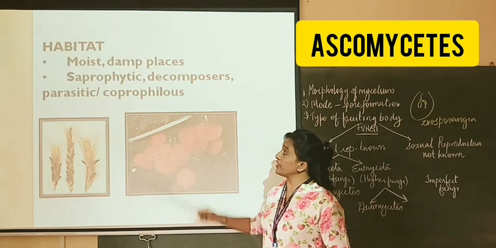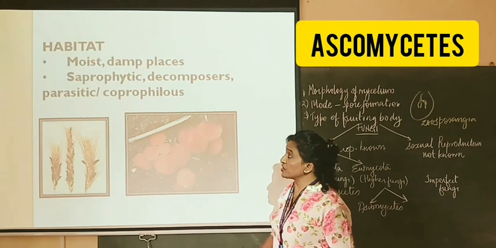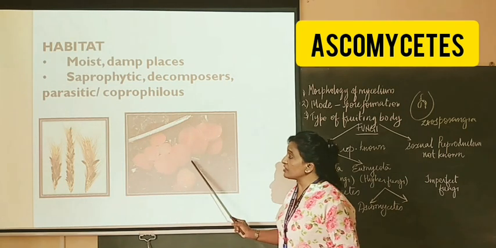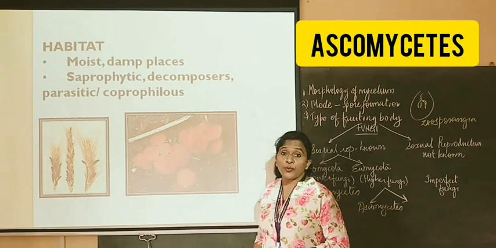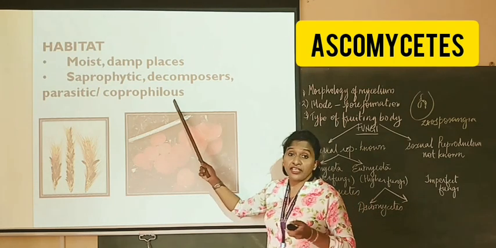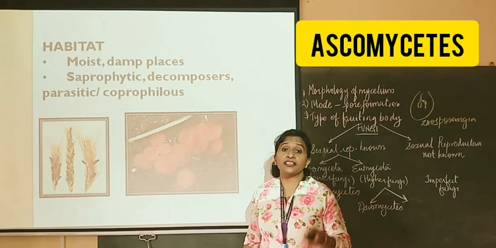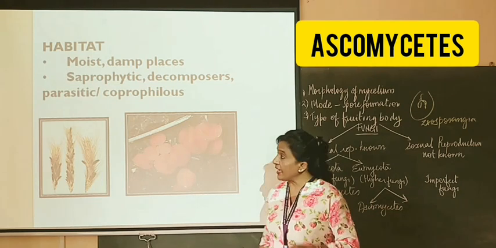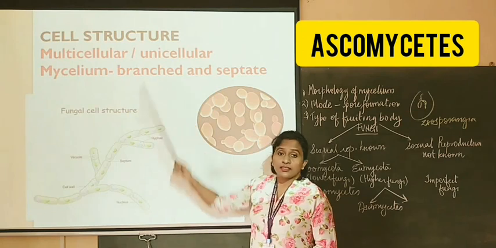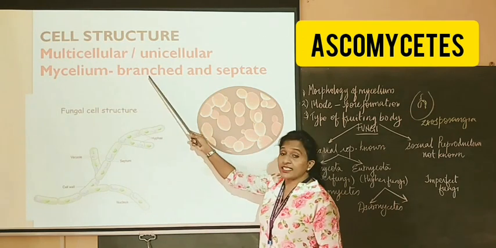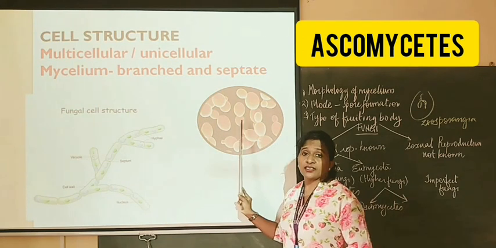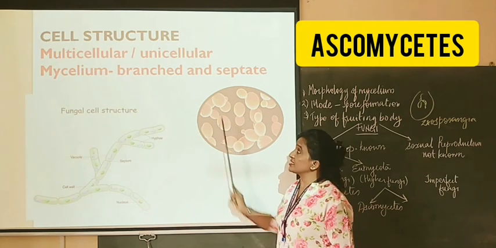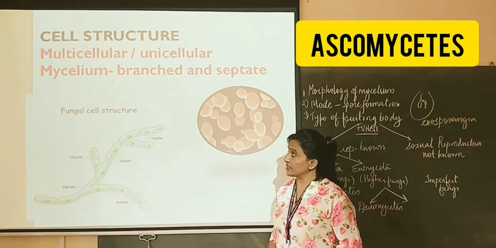They are saprophytic, most of them are decomposers. They are parasitic. Also some of these species are coprophilous. Coprophilous are those fungi that grow on the dung or excreta of animals. These organisms are multicellular, except the species yeast, Saccharomyces, which is unicellular.